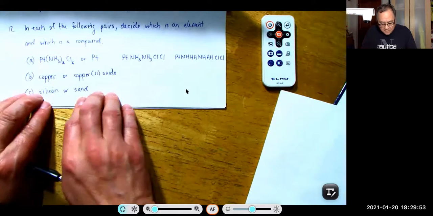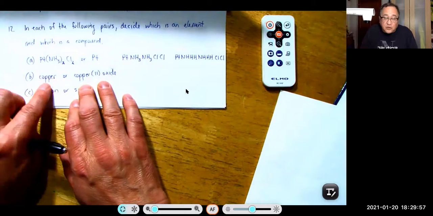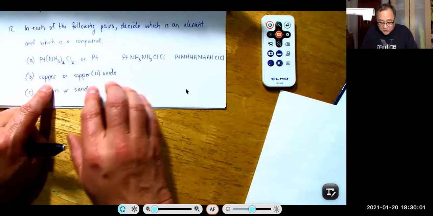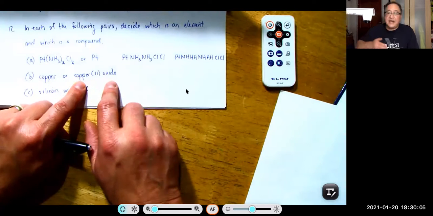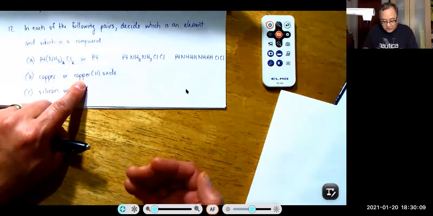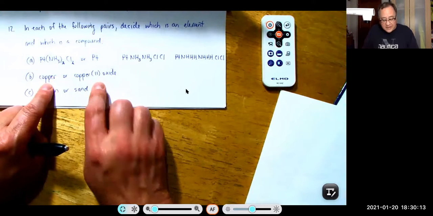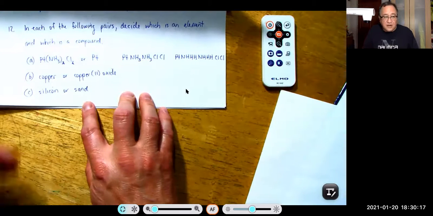Now, for letter B, how do we make the decision? If the name has only one element in it, it's an element. But if the name has more than one element in it, even if it doesn't say oxygen but has an additional layer to it, it's a compound. So here, this is an element and this is a compound. Based on this question, we know that one is an element and one is a compound.